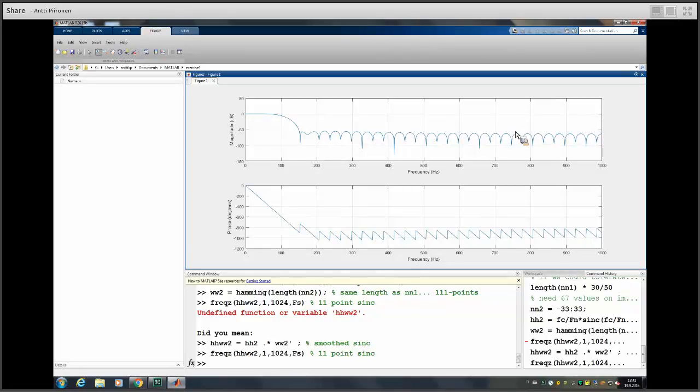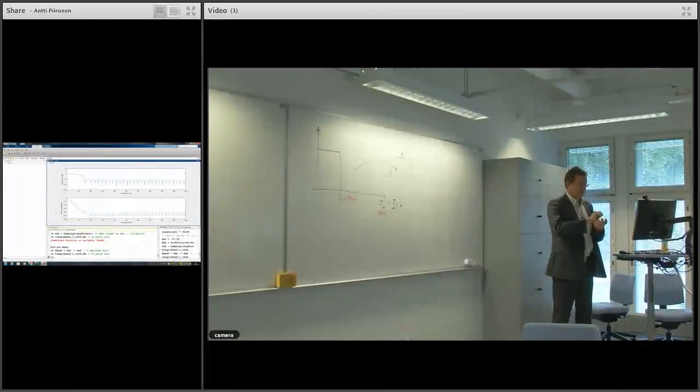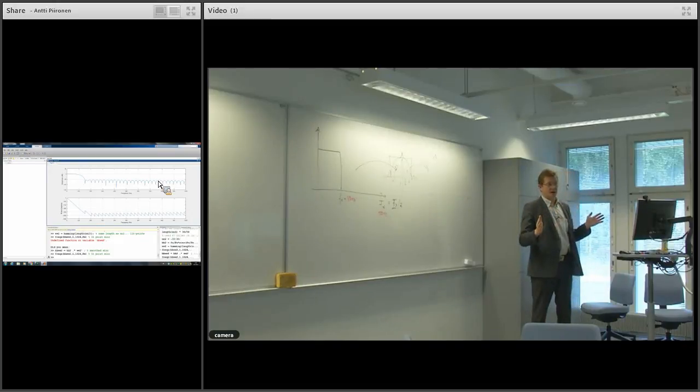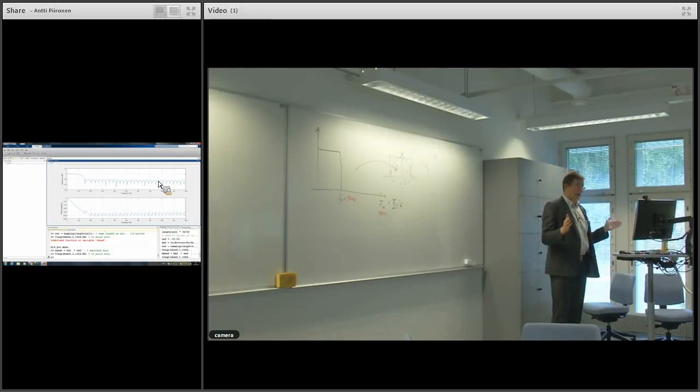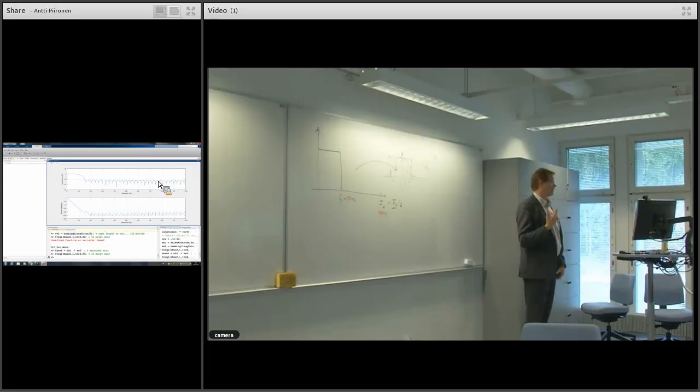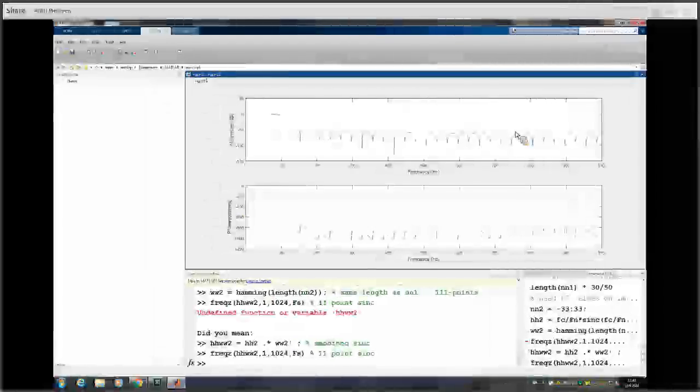The transition, stop band attenuation we can basically control by selecting the proper window shape, and then the transition bandwidth, so how fast the frequency response drops from the pass band to stop band, we can adjust by the width of the filter. Then that's basically everything about low pass filter.